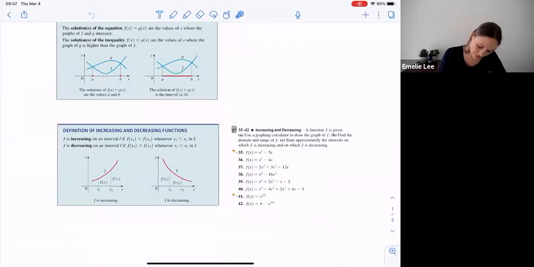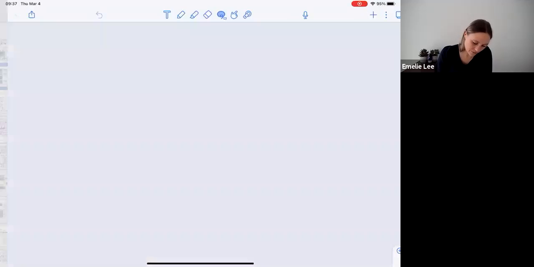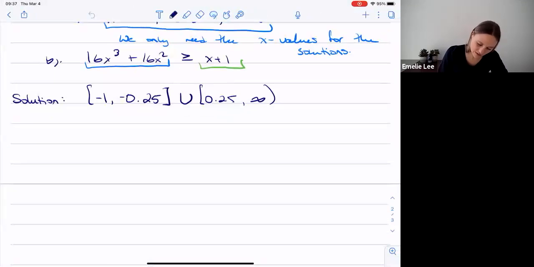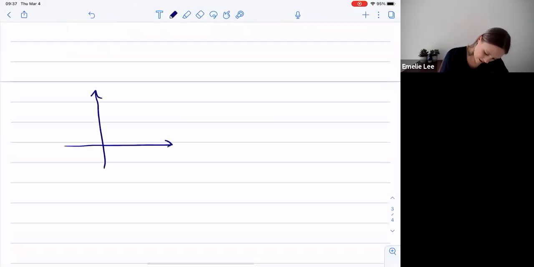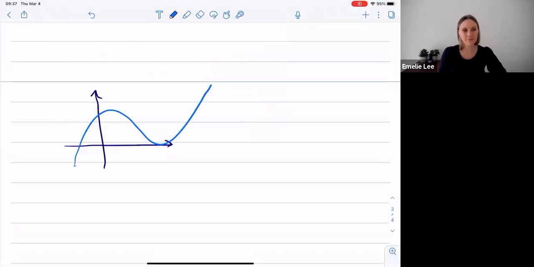Good. So let's talk about where a function is increasing and decreasing. This is one of those nice intuitive things where if I gave you a graph that kind of looks like this, let's draw on your intuition, and take it one step further to the maximums and minimums too.